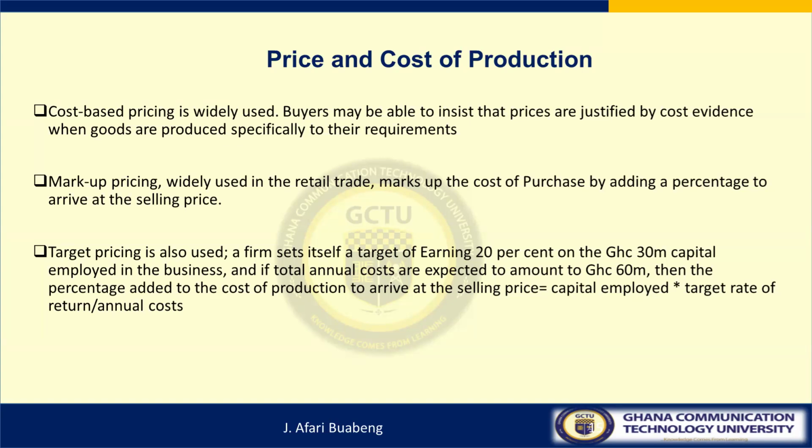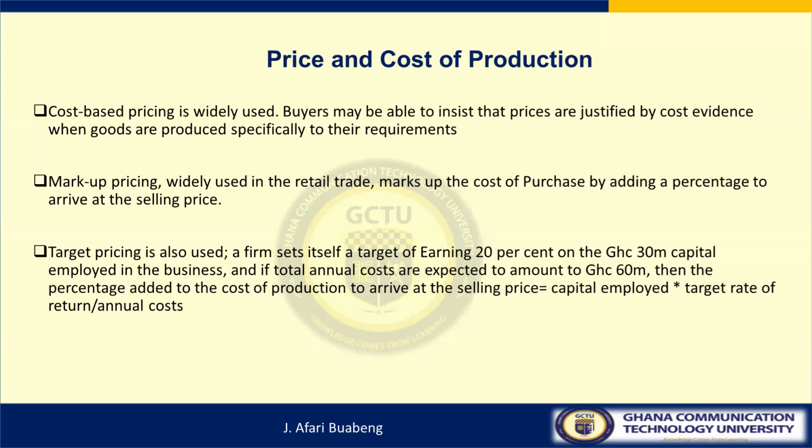Because 10 cedis may be a break-even point. The supplier may even add 2 cedis, 3 cedis, or even 5 cedis, and it will still be cheaper than the one that produced the item for 15 cedis. Because to be able to make some profit, he or she will add something to it.